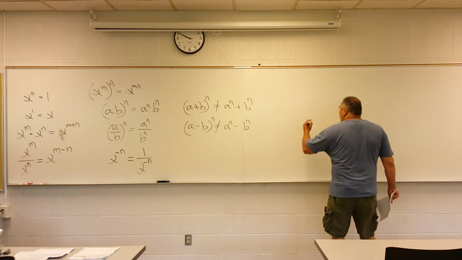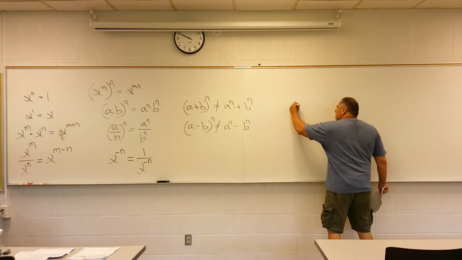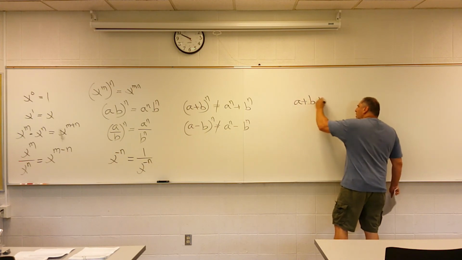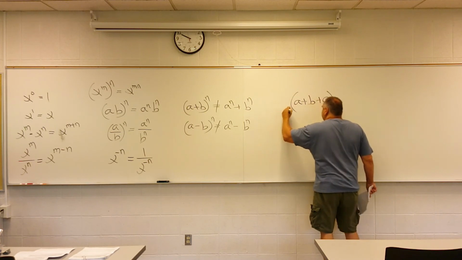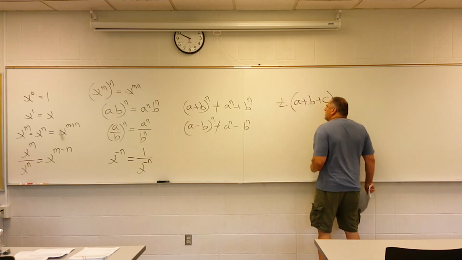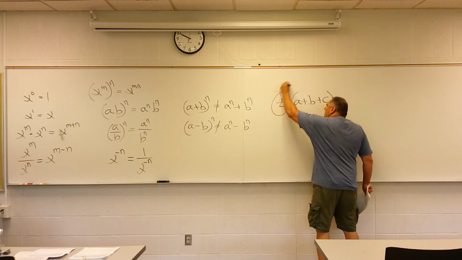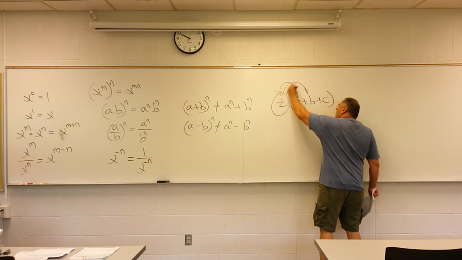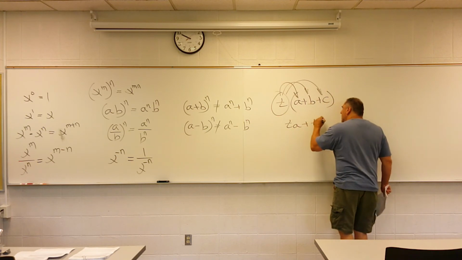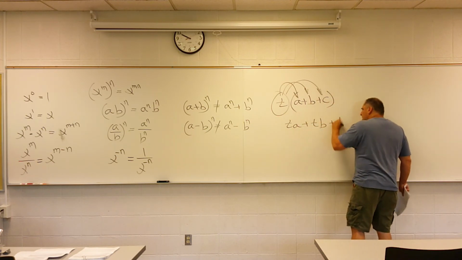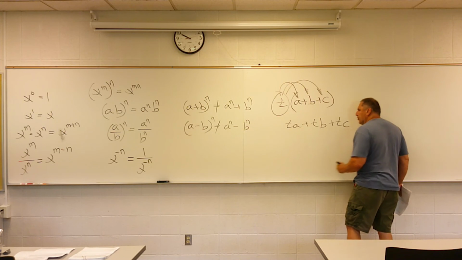If I'm saying to you, for example, if I had this and I had t right here, the t would go here, here, here, and you'd get t times a, t times b, t times c. Absolutely true.